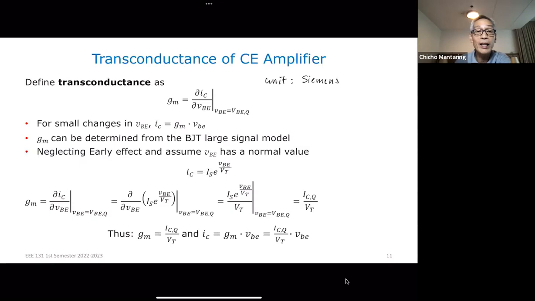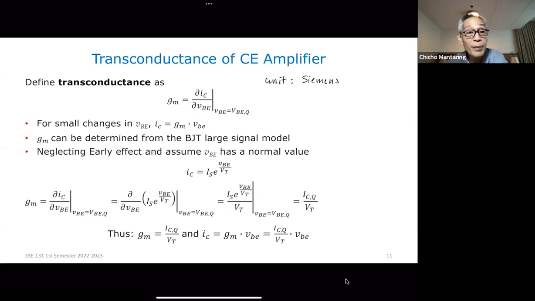The voltage and the current are not within the same circuit. That's why it's called a transconductance. If the voltage and the current were associated with the same element, it's just called a conductance. But the voltage is not associated with the same element, so it's a transconductance.